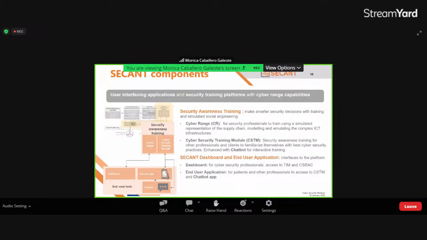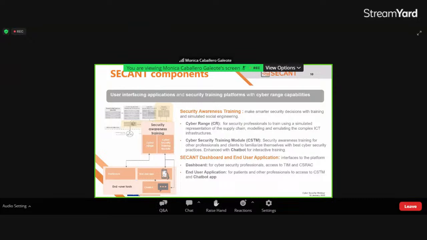It will be complemented by a chatbot app in order to make the training more interactive and engaging for these kinds of users that normally lack the time and the interest to train about the possible and potential impact of their daily practices regarding cybersecurity, security and data privacy.